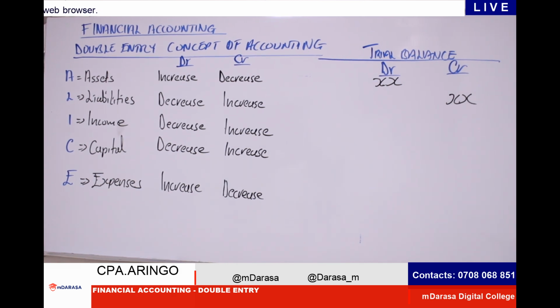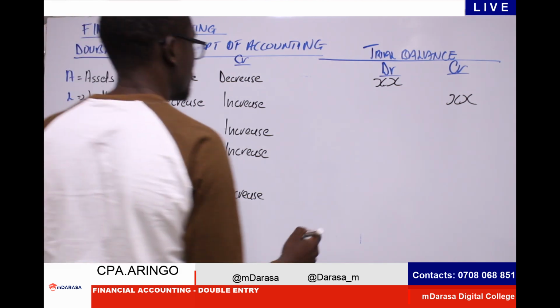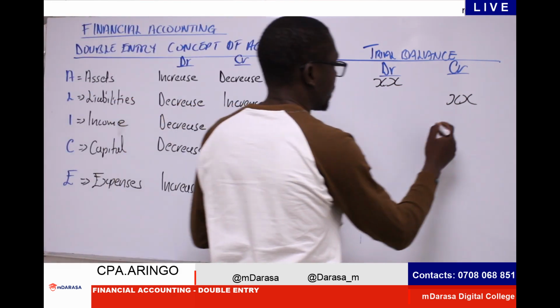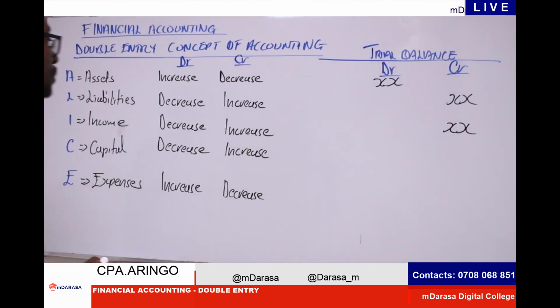So in our trial balance, all our assets will always be on the debit, and all our liabilities will always be on the credit. Very important to note: income will always be recorded on the credit side.